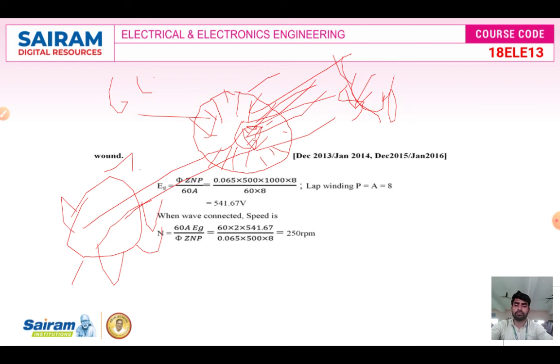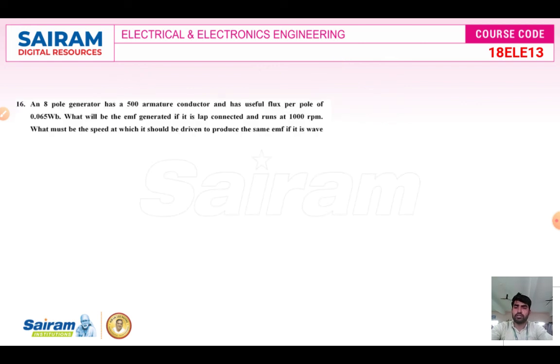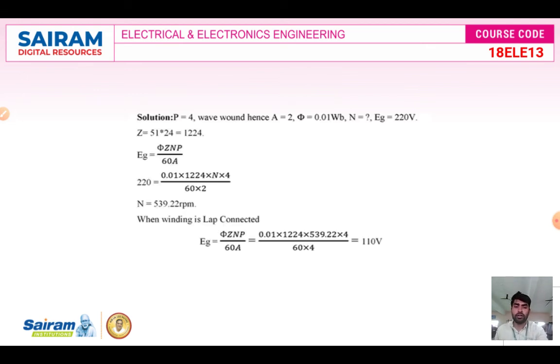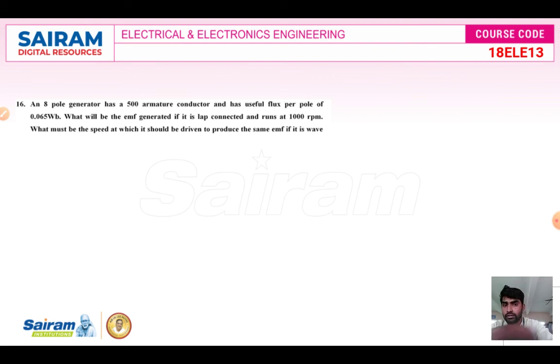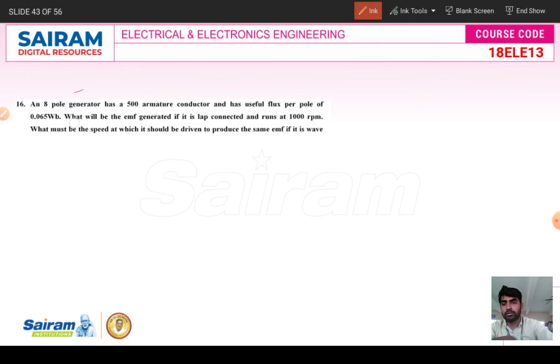So here, instead of an 8-pole generator, if you consider an 8-pole DC motor, the same procedure applies, but instead of EG for the DC generator, for a motor it is EB.